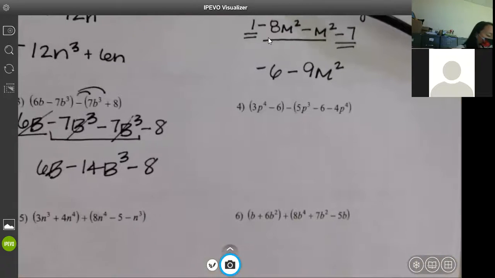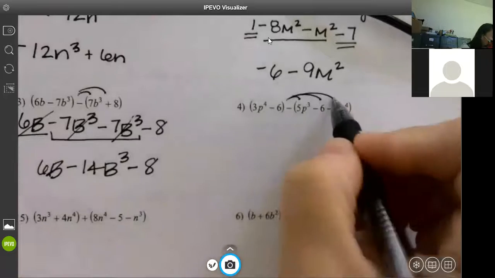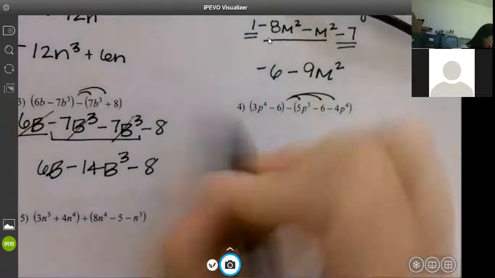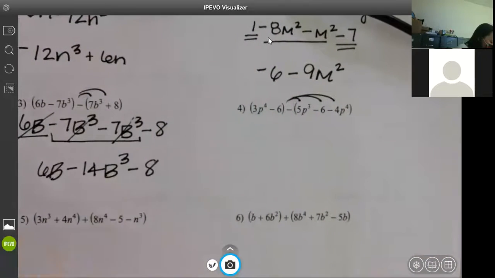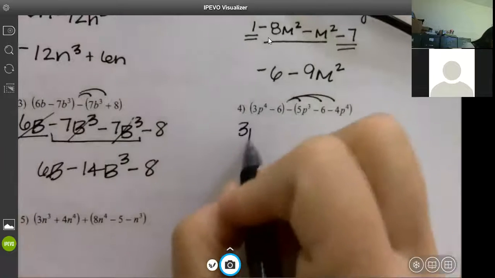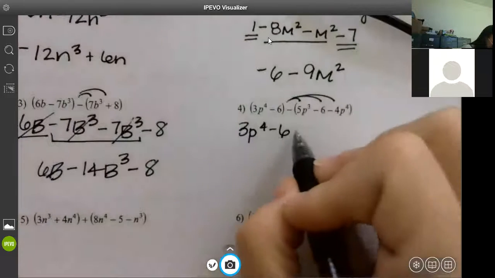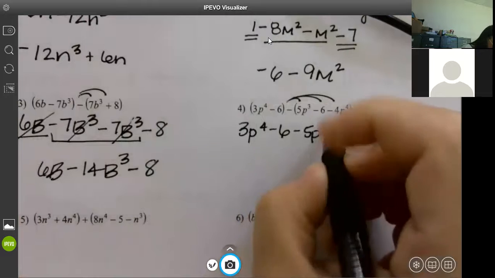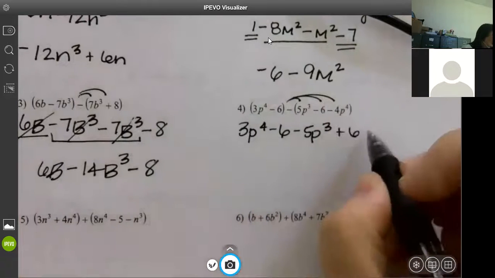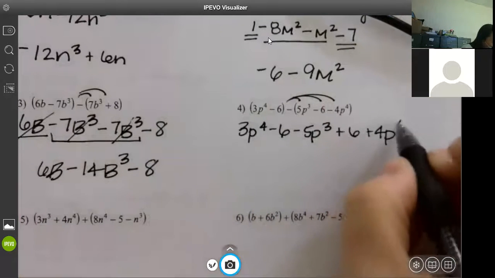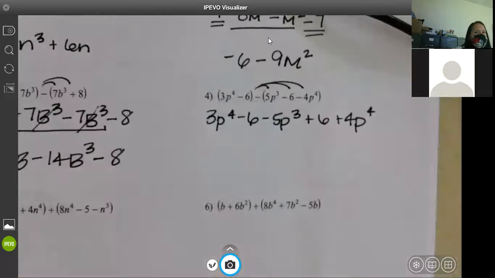Number 4 is also a minus. So we're going to distribute that minus to everything or change everything behind it. So leave 3p to the 4th and minus 6, but change everything else. A negative 5p cubed, a positive 6, and a positive 4p to the 4th.